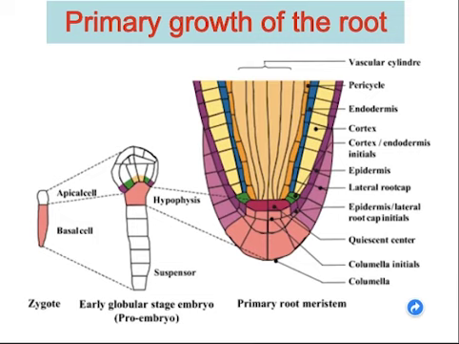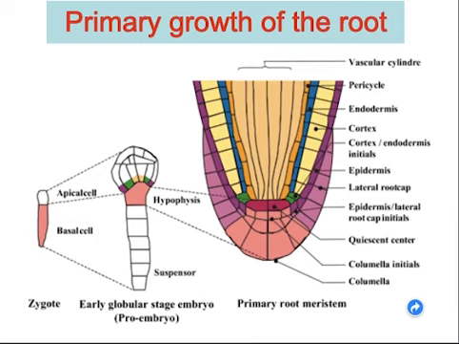The root is set up early in the late heart-stage embryo from a set of initial cells. You have to recall this is the apical cell, this is the basal cell, and it develops during the early globular stage. Each column of root cells originates with a specific cell in the meristem via a specific pattern of cell divisions.